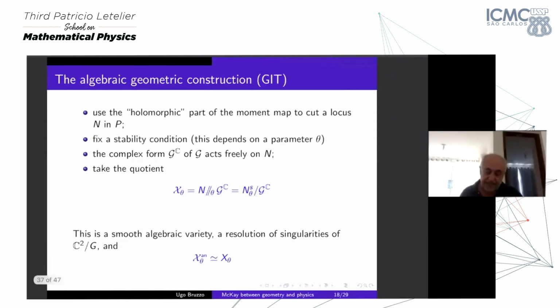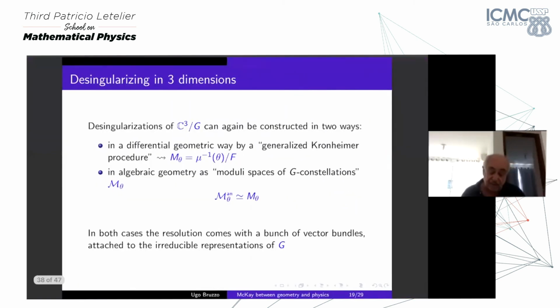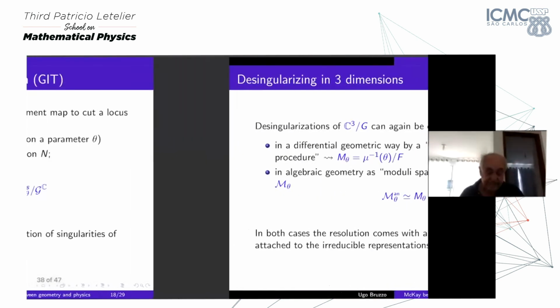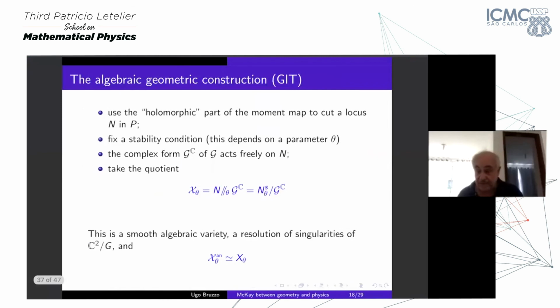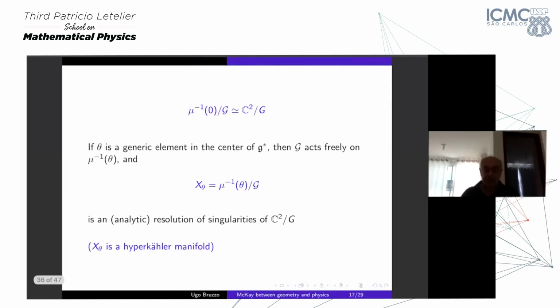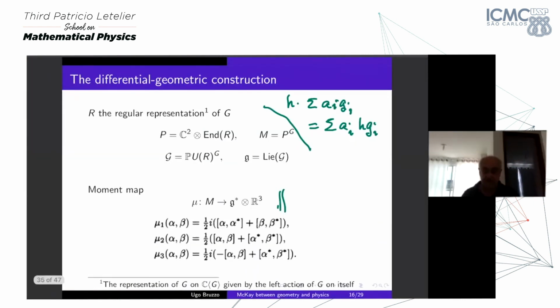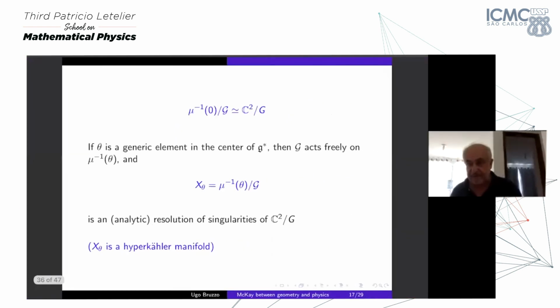You do that, and then you realize that actually it's not only holomorphic, it's even algebraic, right? So from the original vector space P or M, which is an affine variety, we cut something using polynomial equations, so we have an affine variety.